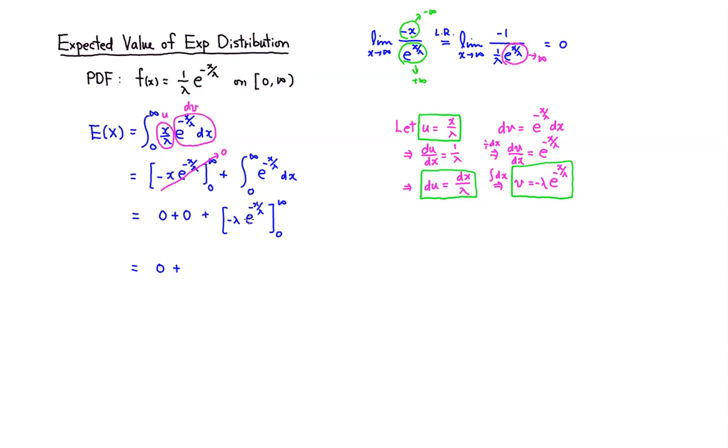If you plug in 0, e to the 0 is 1, so you have just lambda. So the expected value of the exponential distribution is actually lambda. It's pretty easy to remember. Therefore, mu is equal to lambda. That's it. I hope this was clear.